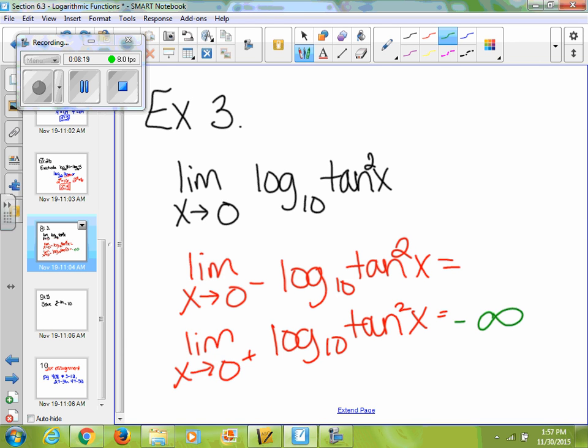It wasn't in your notes, it was just something I said out loud. It is not 0. It is not infinity. It does not exist. The limit as x approaches 0 from the negative will never exist on a log function. So from the negative side it does not exist. From the positive side it's equal to negative infinity.